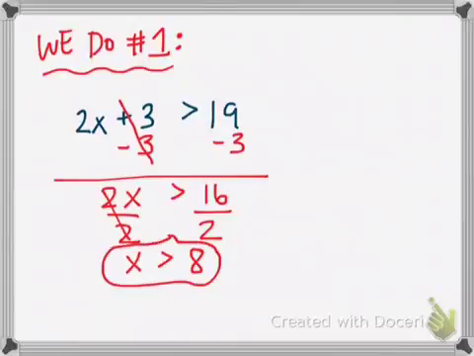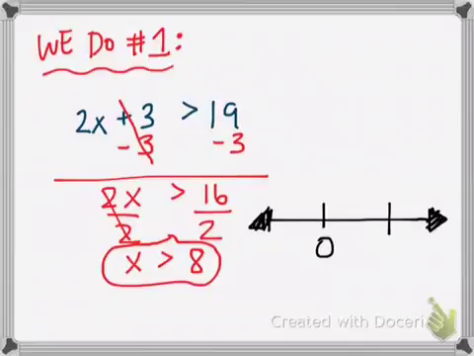This is saying that any number that's greater than 8, when I plug it back into my inequality, will make it true. So let's graph our solution. I can sketch a number line. I don't even have to make a whole number line. Let me just plot where 0 is, and then 8, I can plot here, estimate where it is.